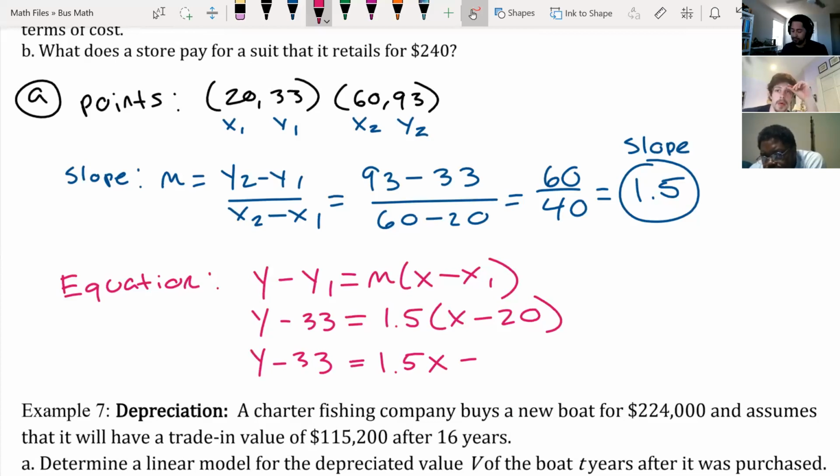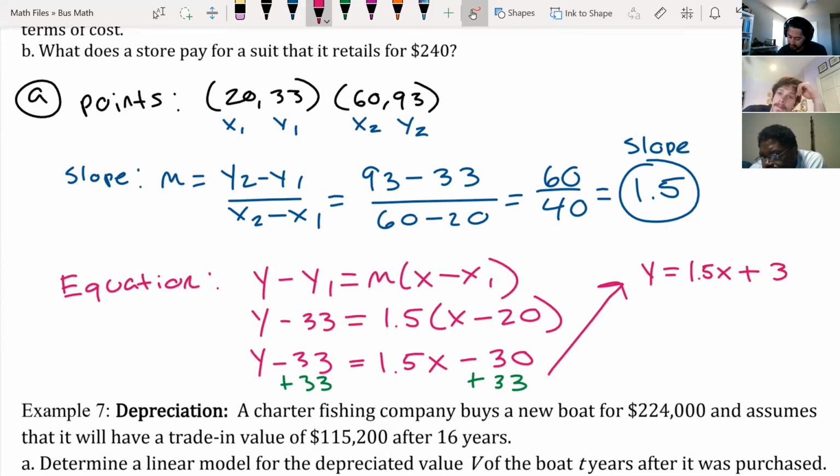What's that going to give me? 30. Good. And then we'll add 33, add 33, and we get y equals 1.5x plus 3.